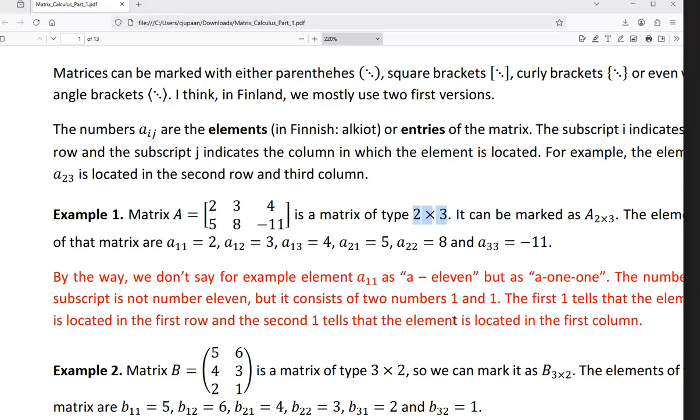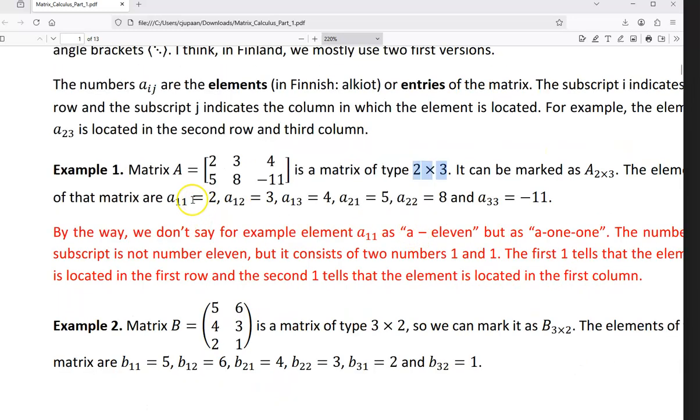It is quite natural when you see the calculation rule of the sum of matrices: they have to have the same number of rows and the same number of columns to be able to add two matrices.